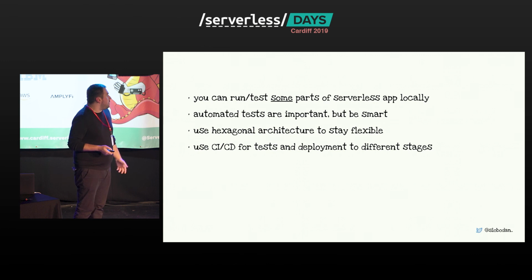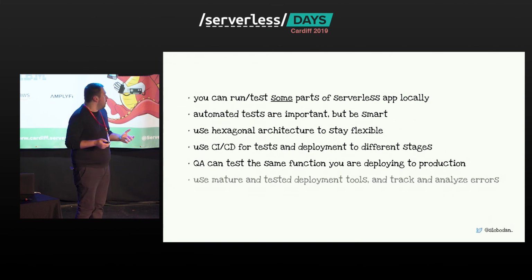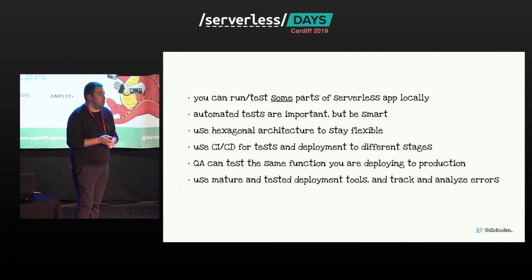You can use CI/CD tools to test and deploy to different stages of your application, and you can use tools that you're already using. Your QA team can test the same function that can be deployed later to production, and you should definitely use mature and tested deployment tools and track your errors.